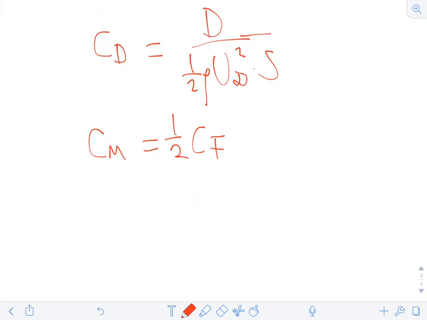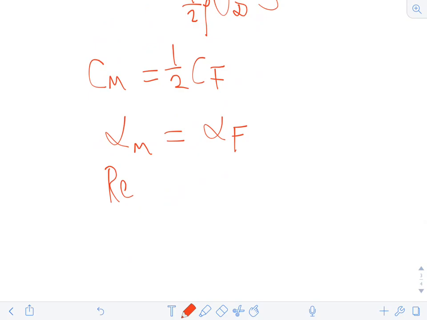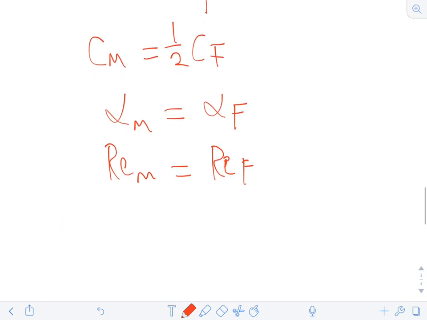And again, we're going to have to match alpha. Alpha of the model will have to equal alpha of the full scale, and Reynolds of the model will have to equal Reynolds of the full scale. What are the implications of this second equality?